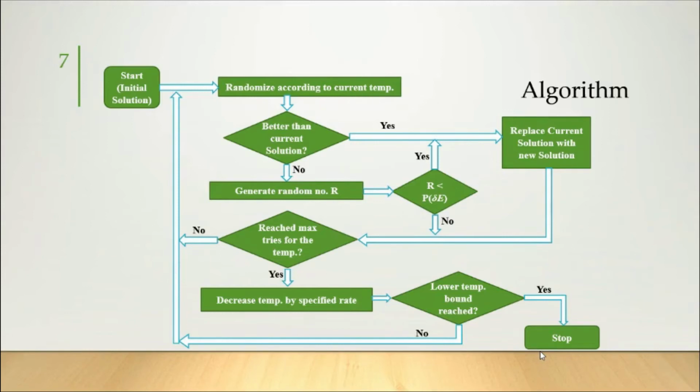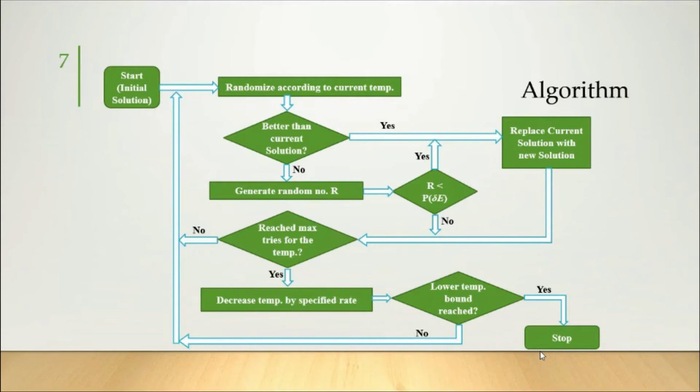So we start with an initial solution, then we randomize according to a current temperature, then we check whether it is better or not. If it is better, we directly accept it. If it is not better, we generate a random number and check whether that random number is less than the probability value.